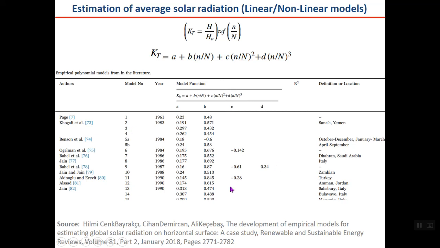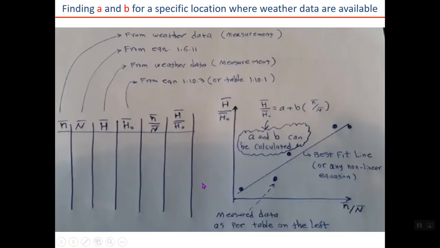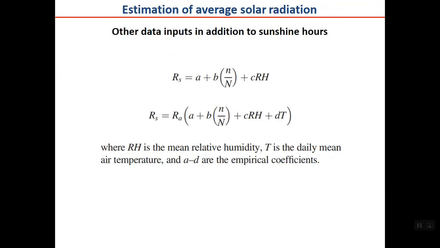You can see a complete table there, and you can see that different researchers, for example, for Amman in Jordan, this specific researcher, Azad, in 1990, calculated A and B for that location. The method they used is the same that I explained here.